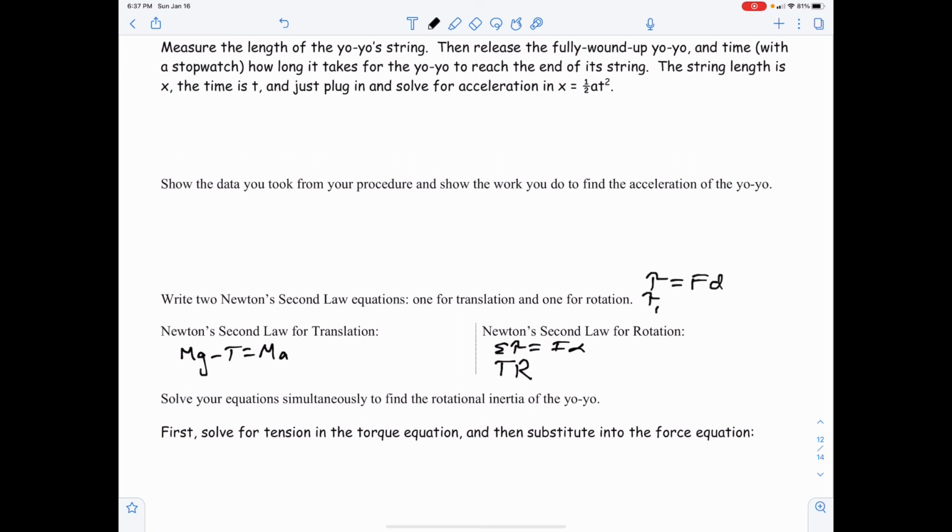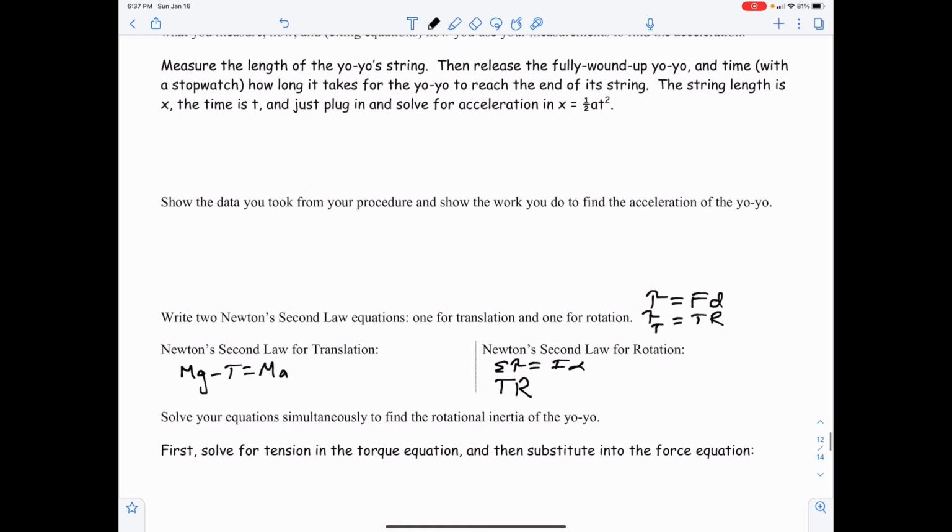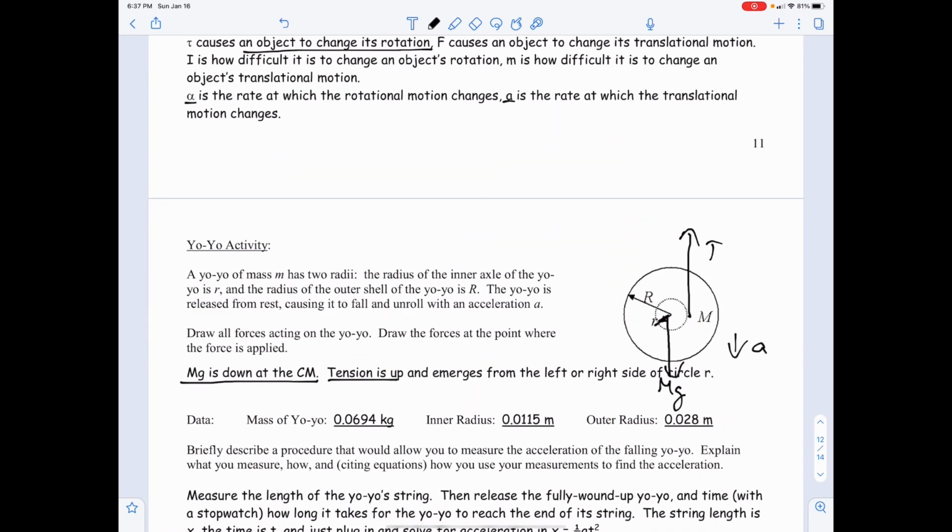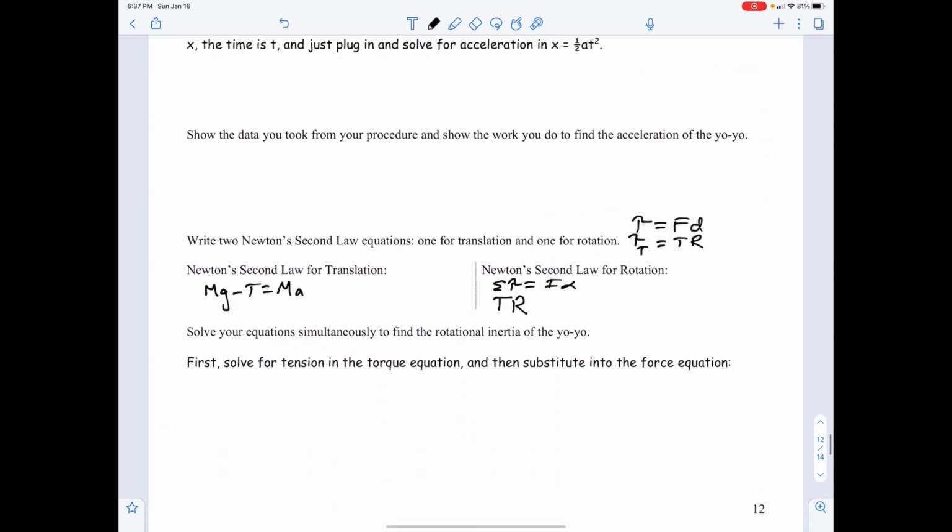So the torque due to tension would be the tension, the force, and the distance of the lever is the radius, this right here, the little radius. So I should probably write it as little r, not big R, not to get it confused. So tension times little r equals I alpha. You would also need a equals r alpha to substitute for alpha.